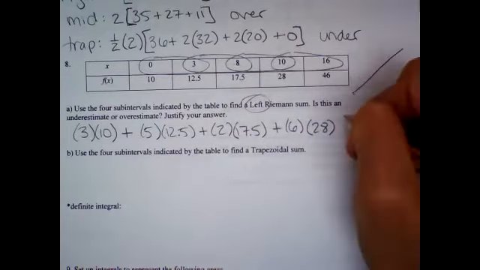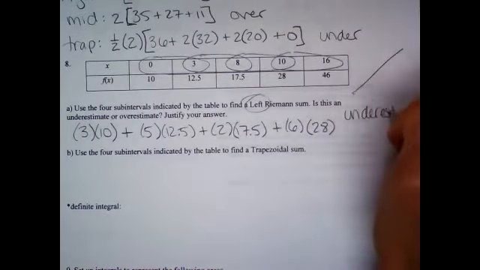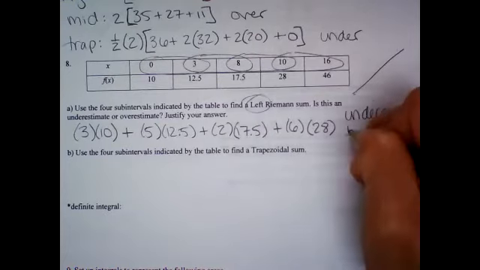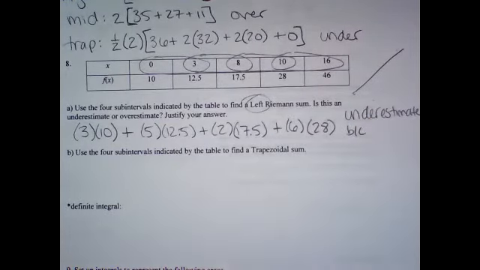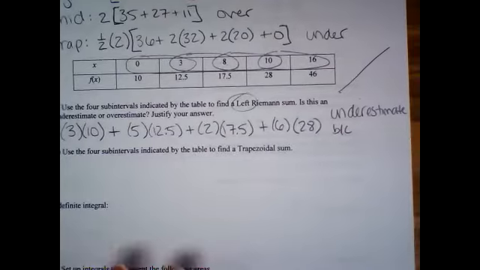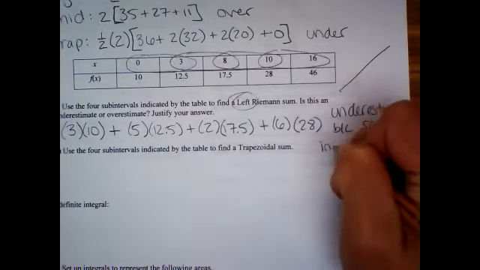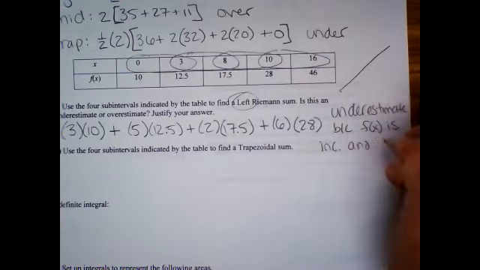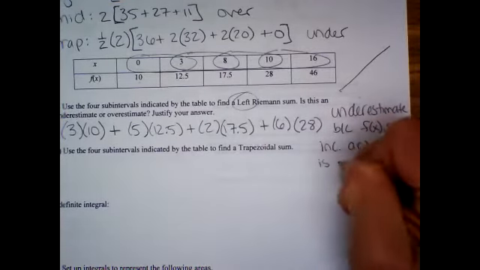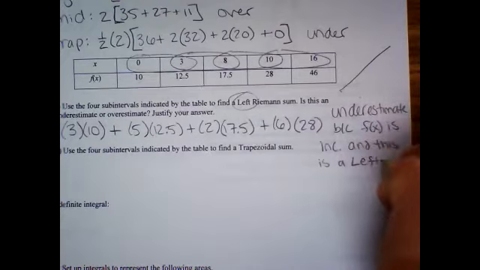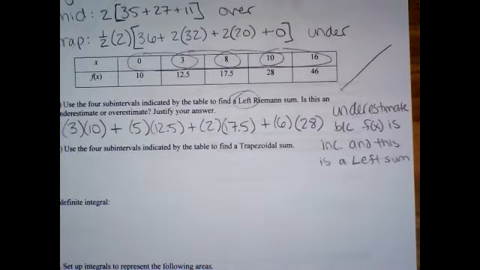So you're gonna say underestimate, because we have to do a because, it said to justify. Underestimate because f of x is increasing and this is a left sum. You have to say that the function is increasing and we did a left sum.